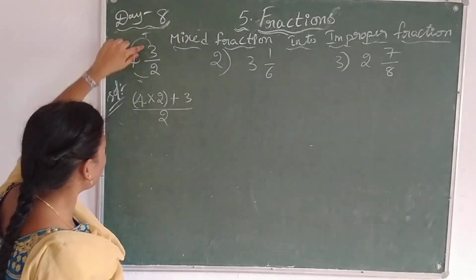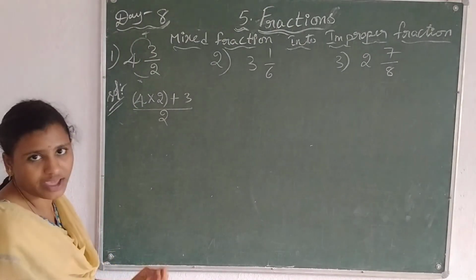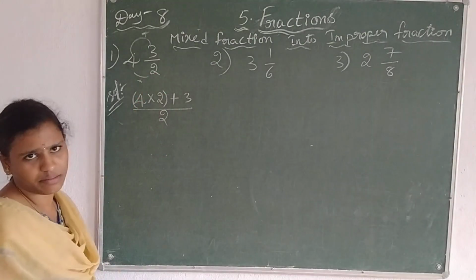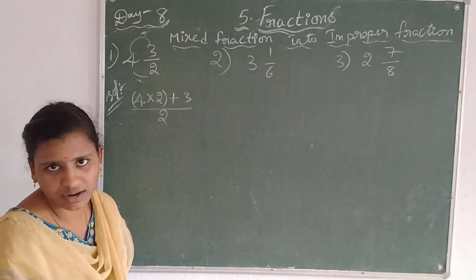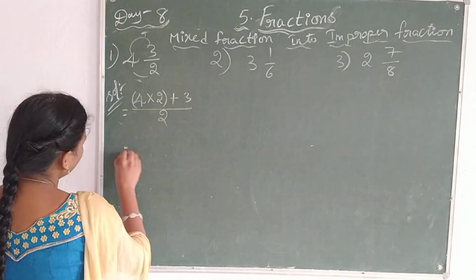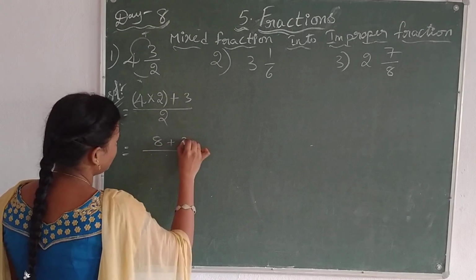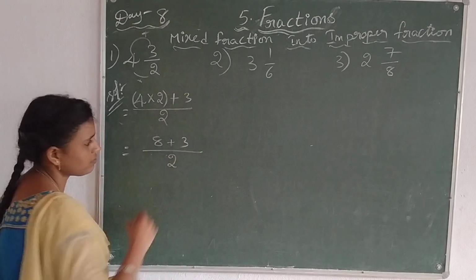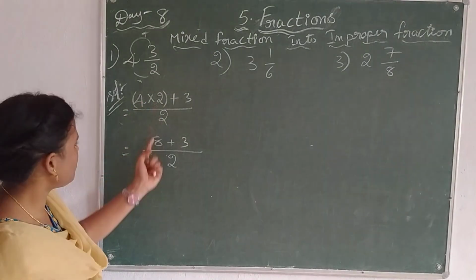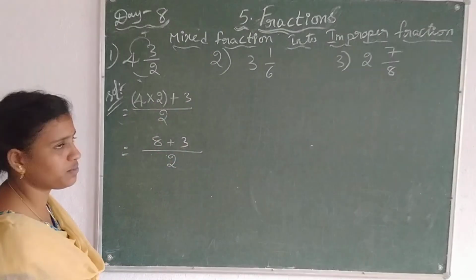Whole number into denominator plus numerator, over the denominator, which is the same. There is no change in the denominator. Let's multiply these two numbers: 4 2s is 8 plus 3 by 2.